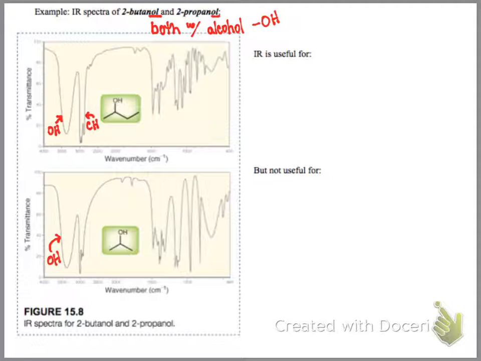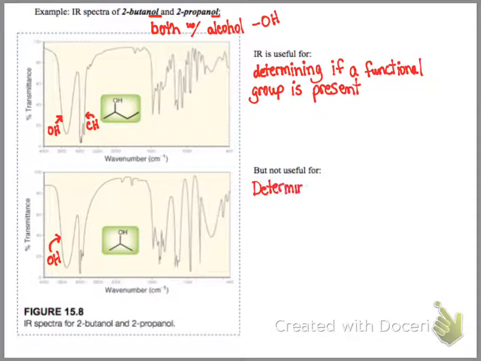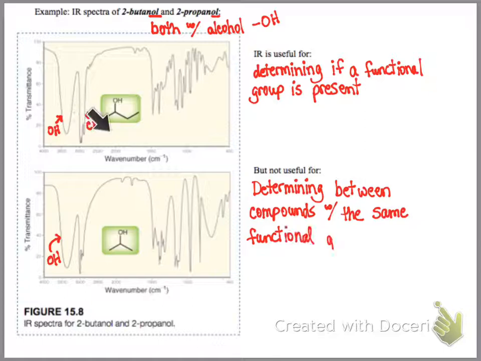So what IR is good for is determining if a functional group is present in a compound. So if we take this compound and we measure its IR spectra, we say, oh, we know that this has an alcohol. But if we have the second compound and we measure its IR spectra, we say, oh, it has an alcohol also.